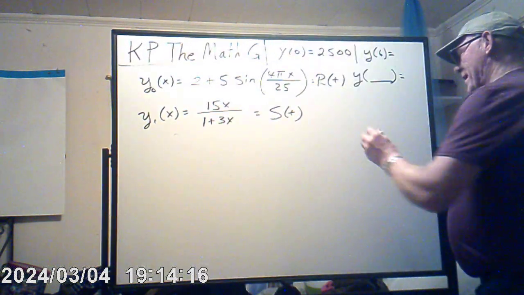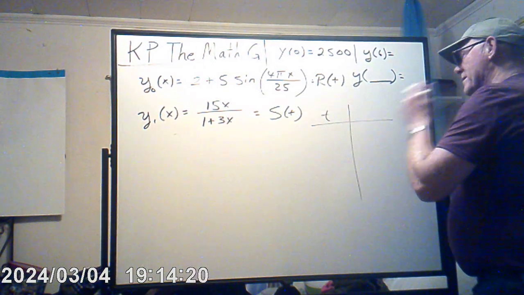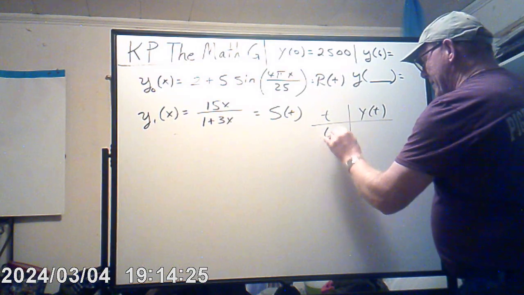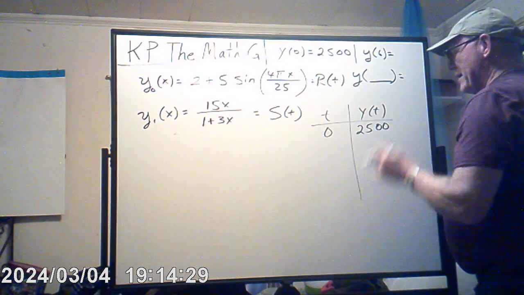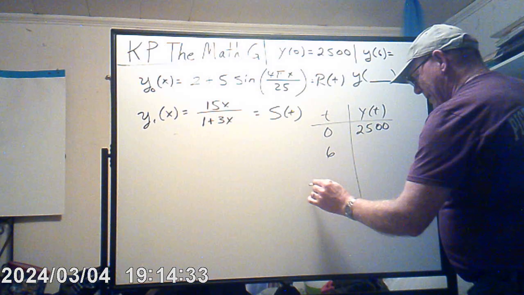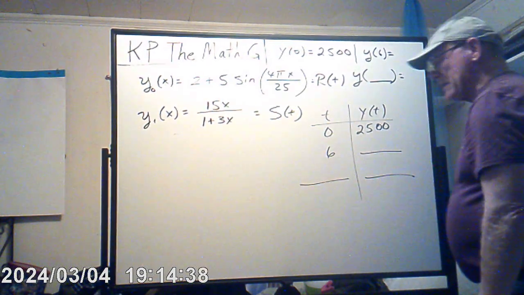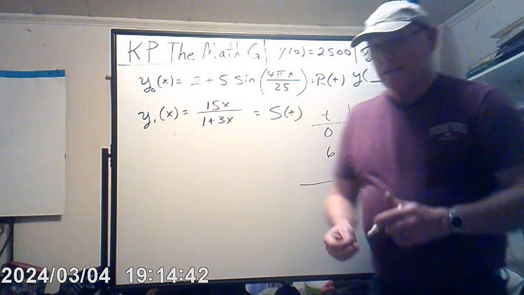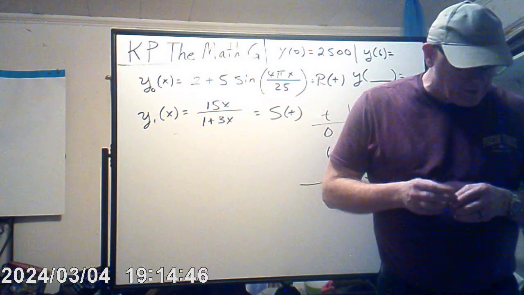You might have something that says t and then y at t. In this case, if t is 0, we have 2,500. And we got to look at 6, and we got to see if there is a critical number between 0 and 6. Then we gotta look at all of those as well.